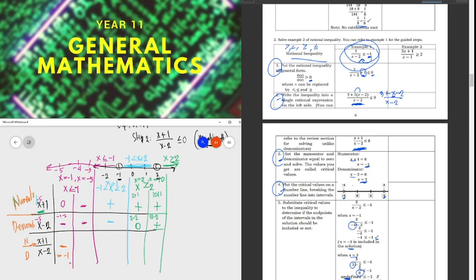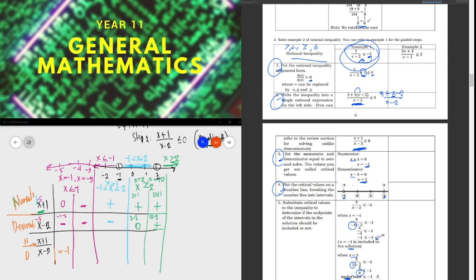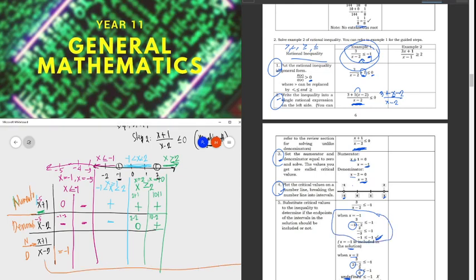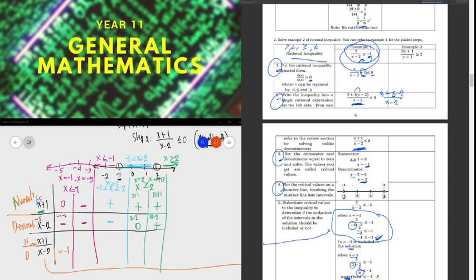Ma'am, ano na negative 1? Sige, I'm just going to make things clear. Equal to negative 1. Why? Because if we substitute here, go back to our, here, this one, I'm referring to this. Okay, I'm going to make an arrow. This. That's why negative 1 is included.